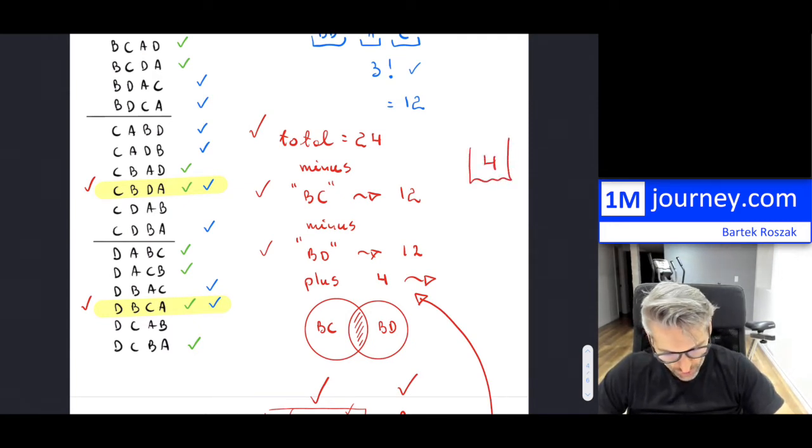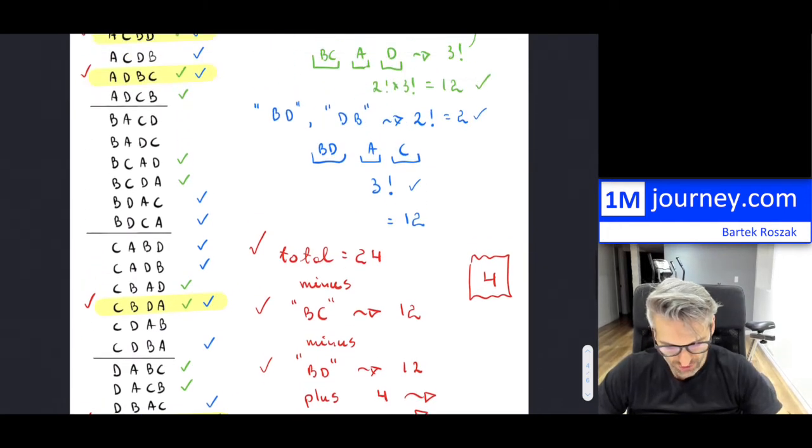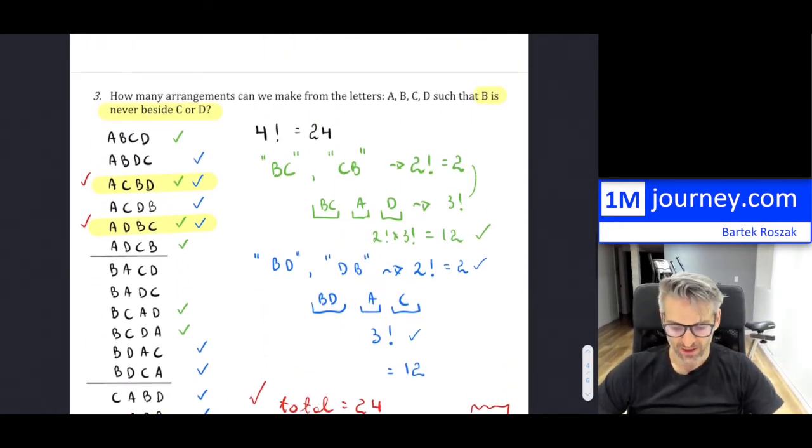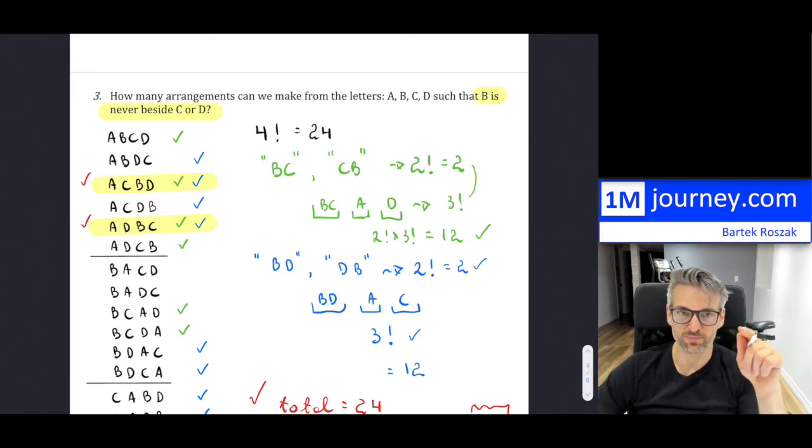There are only 4 ways, coming back to the original question, that you can arrange A, B, C, and D such that B is never beside C or D. Now it's a difference if they say B never beside C and D, but when they say or, we have to go through this entire process.